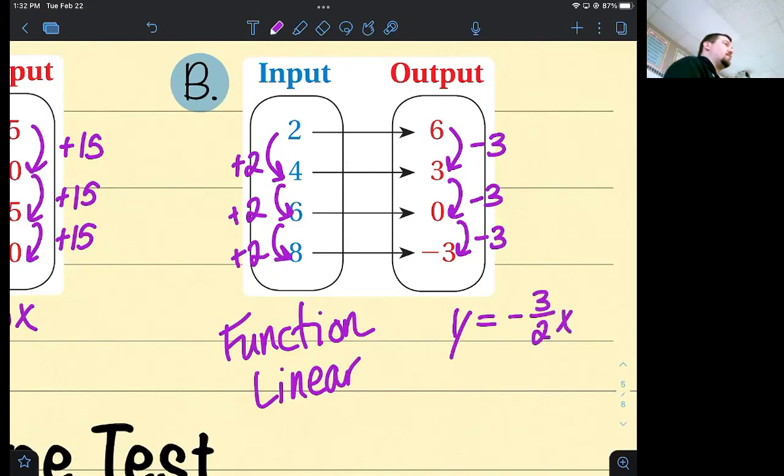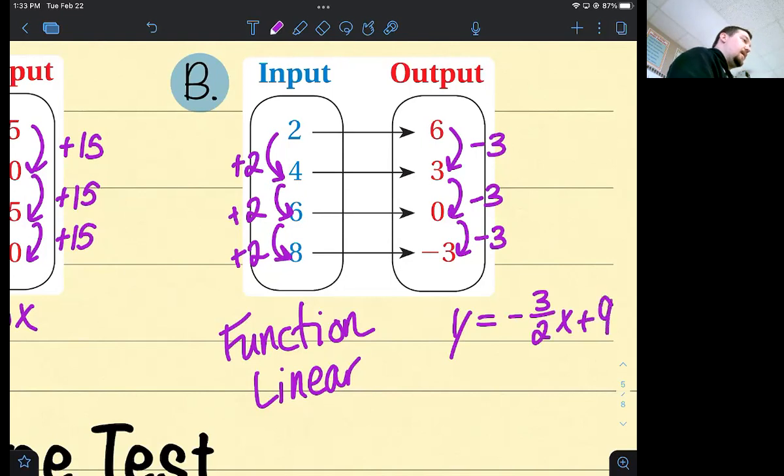What's the y-intercept? Xander? 6. Not 6. Not 4. Y-intercept, Deegan? It's 9.